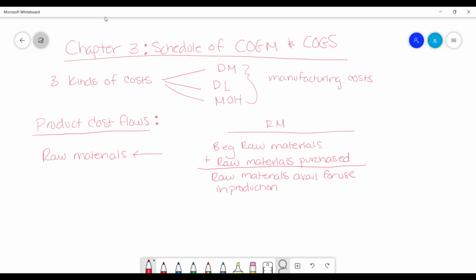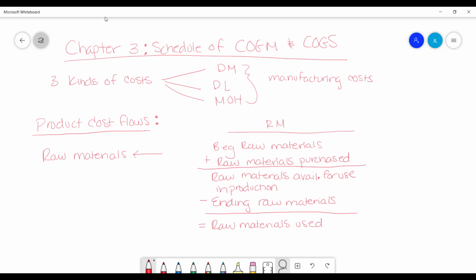But as the period goes on, we end up using raw materials, right? So now when I go and look and see what I have left, I can use that number to figure out what was exactly used. If I have my raw materials available for use, and I subtract my ending raw materials balance from that number, then I'm left with the raw materials used in production, whatever I used for that period.